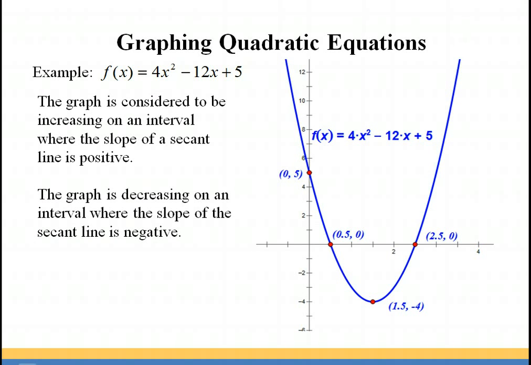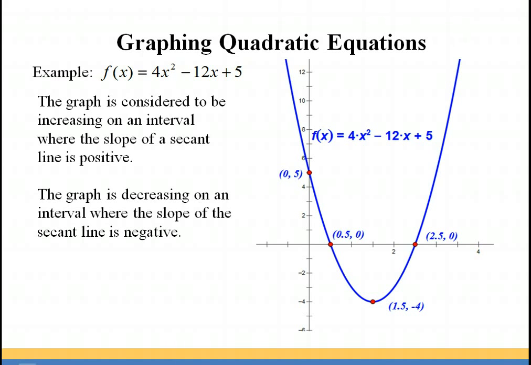So I plotted the y-intercept at (0, 5), the x-intercepts at (1/2, 0) and (5/2, 0), and the vertex at (3/2, -4). And then we know that our graph opens up on both ends. So starting at your vertex and going upward, draw your U-shaped curve. And just make sure that it goes through all the essential points that you found.